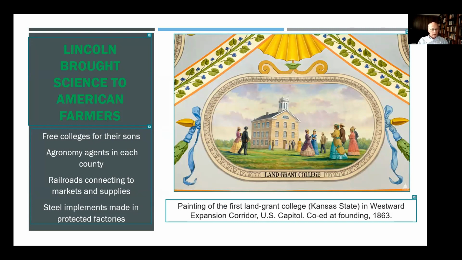All of these measures to help farmers should be understood as being essential for US national security and the progress and power of the country, like free colleges, free science, railroads that were underwritten by the federal government, and the protection for the factories that turned out these wonderful heavy plows that could break the ground in the deep soil in the plains.